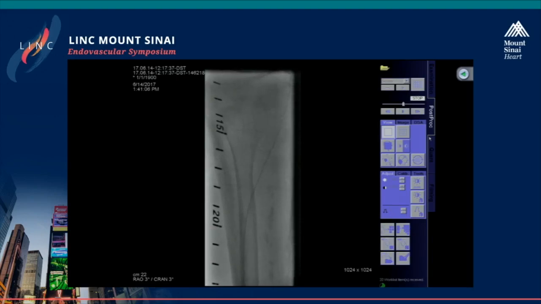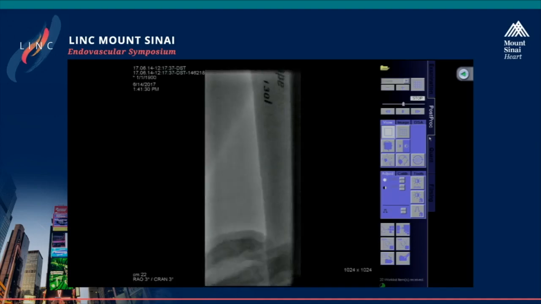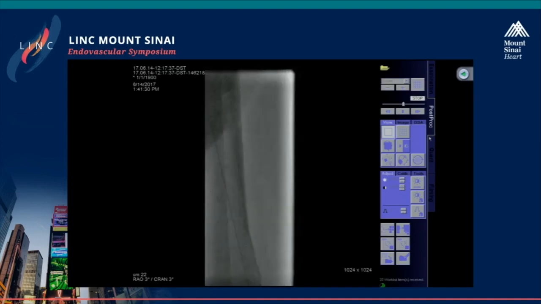I think what Thomas wants to make the point during the talk, so I shouldn't go too much into it. But I think one of the failure modes of below the knee angioplasty is probably also recoil due to a lot of plaque burden in these arteries, particularly in these long occlusions.